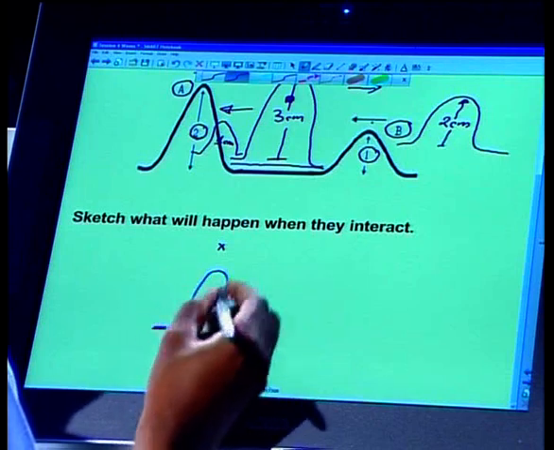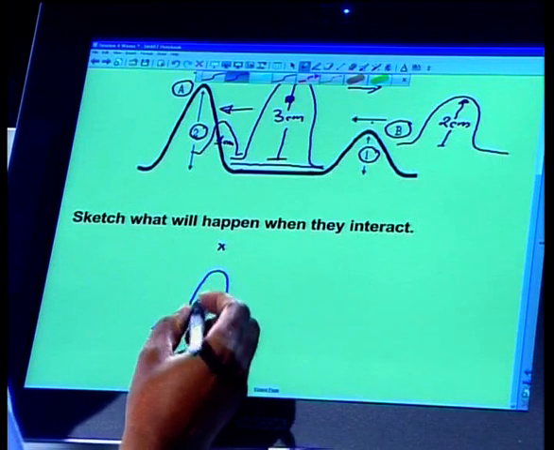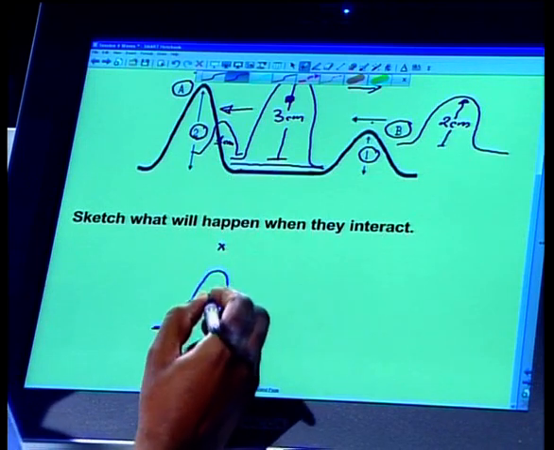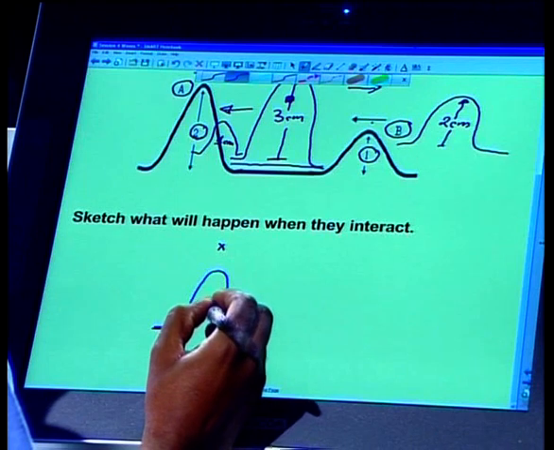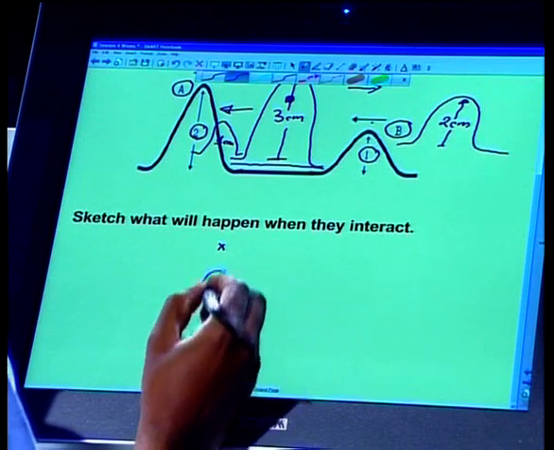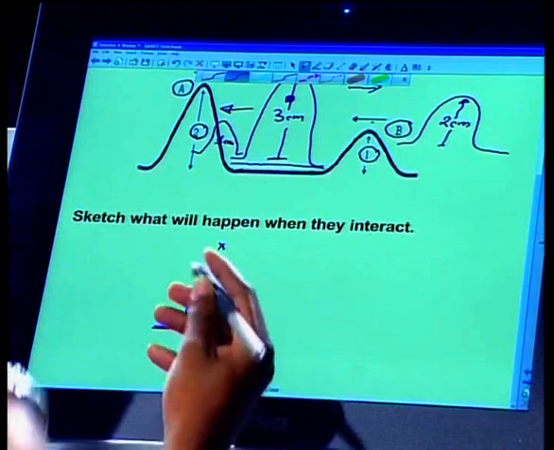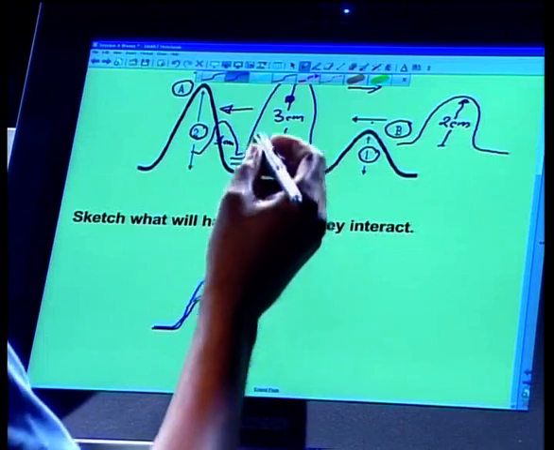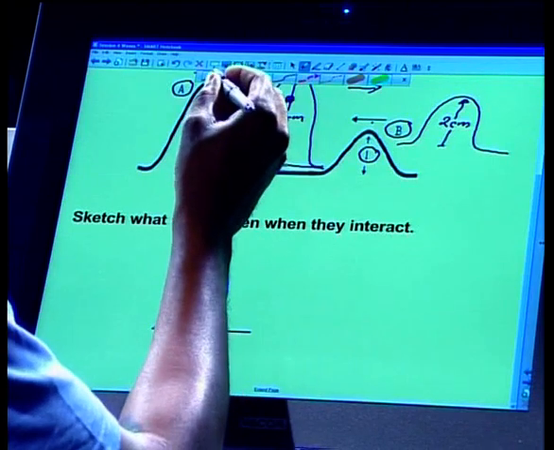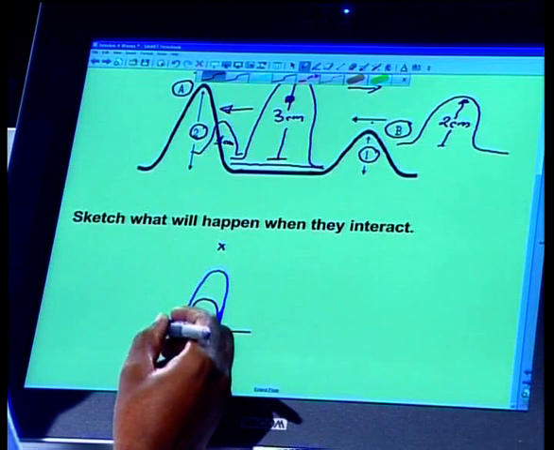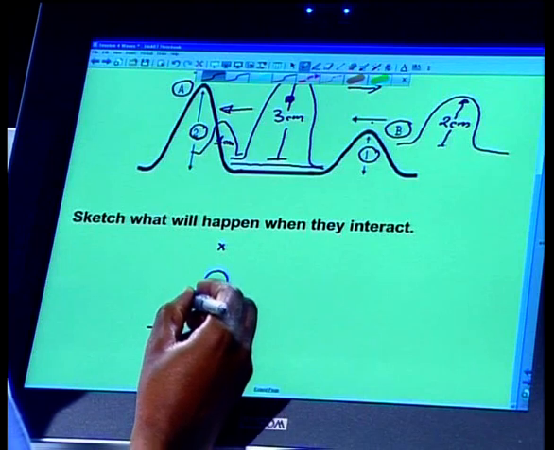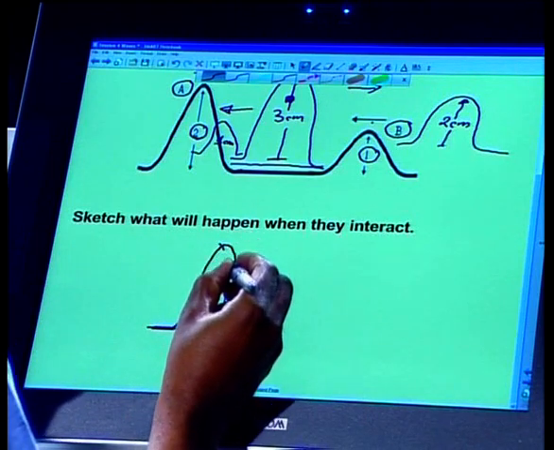Okay, and what is going to happen is that these two are going to get superimposed into each other, and the resulting pulse will be the sum of the two.